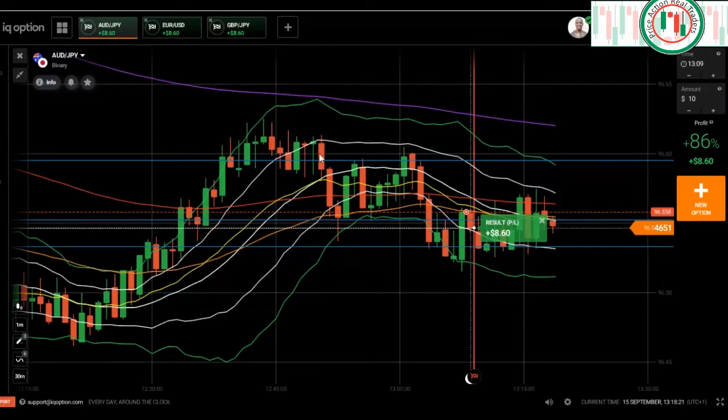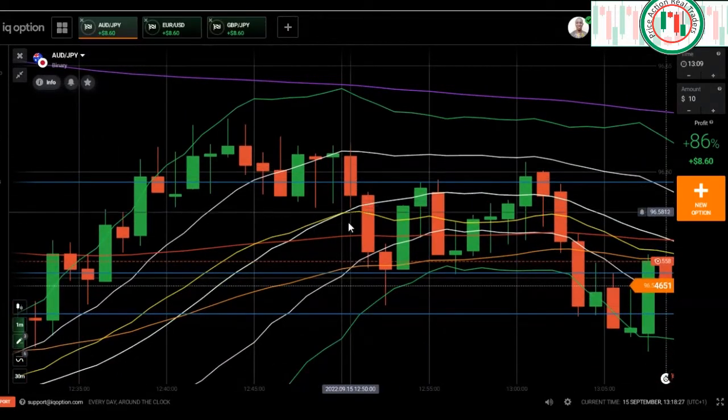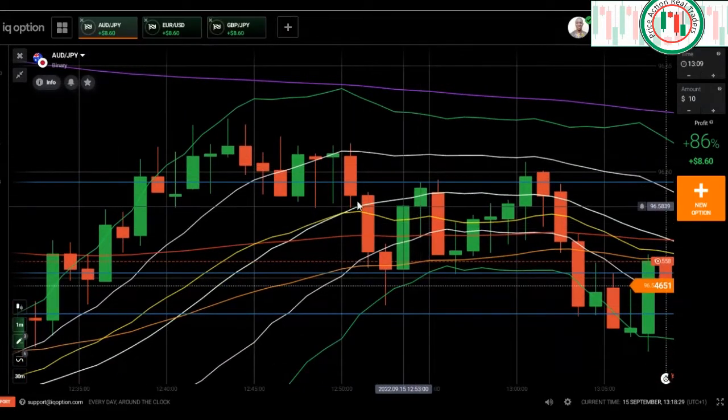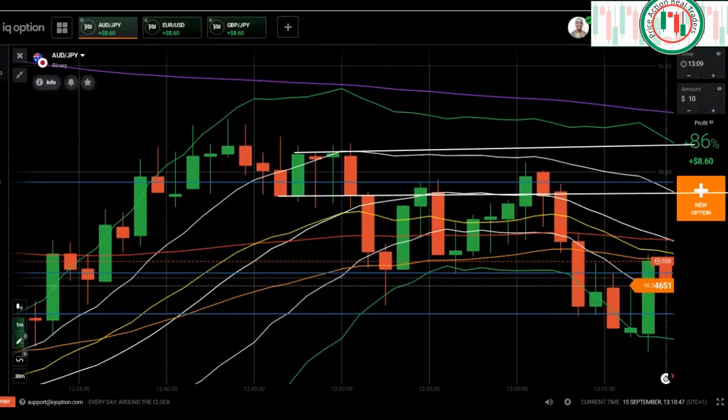As soon as you finish watching the EMA, you identify the direction of the EMAs, then try to watch your zone. Try to see your strong zone. You see here, you draw here, you draw like this.